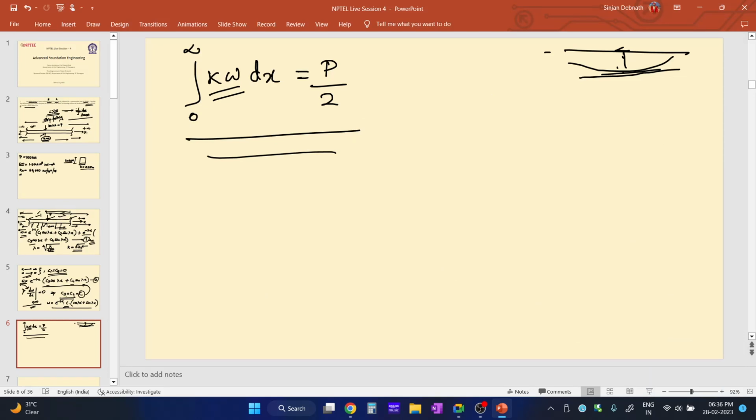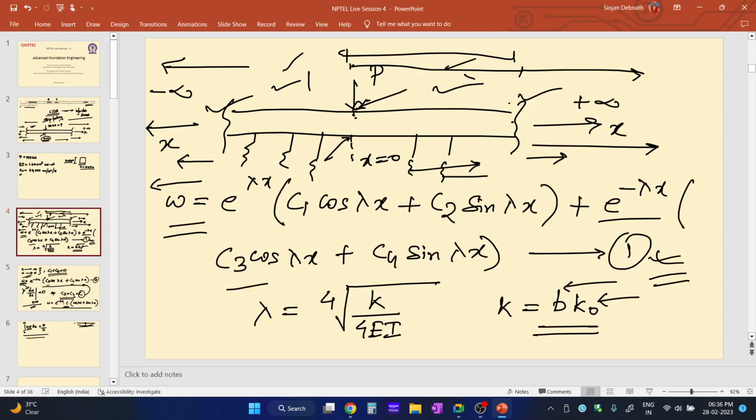So if K is the spring constant and W is the deflection of the spring, then Kw means the reaction force that the spring is giving. Now if we integrate the reaction force from 0 to positive infinity, we will get the reaction forces of the right hand part.